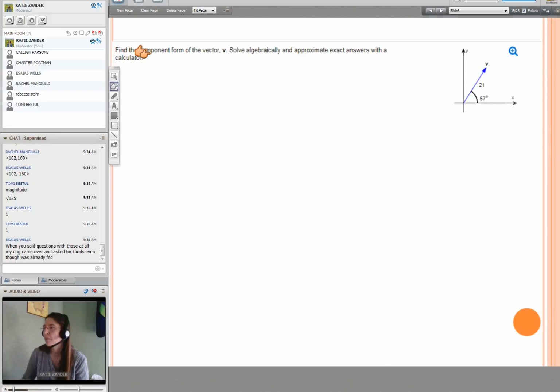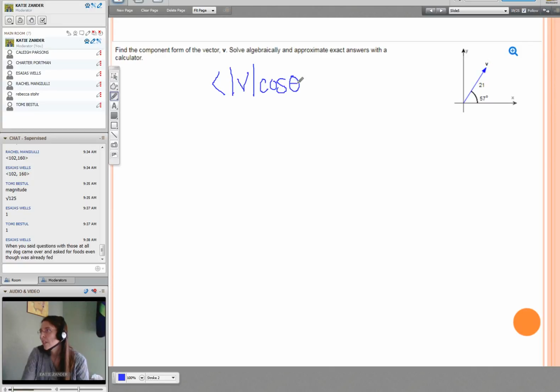You guys remember that formula? I believe it was the magnitude of the vector times cosine of the direction of the vector, and then magnitude of the vector times sine of the direction of the vector.